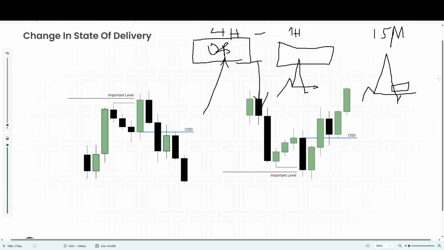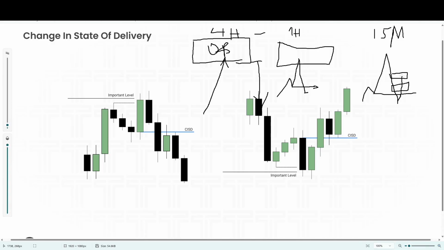Important levels. It could be liquidity, candles, clusters of candles, or it could be an order block. So we are watching, we draw these order blocks here, and we expect price to come back and retest this line, but not just retest on the 15 minutes time frame. We want price to come tap one of these.